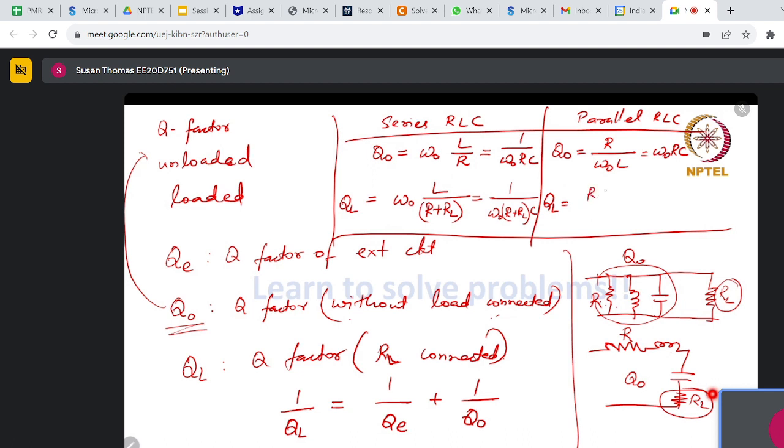Instead of R, it should be R RL by R plus RL, because R is in parallel with the RL. Then multiply this with omega naught L. So this is the loaded Q factor in case of a parallel RLC. I hope this brief will give an idea of how to go to the numericals.